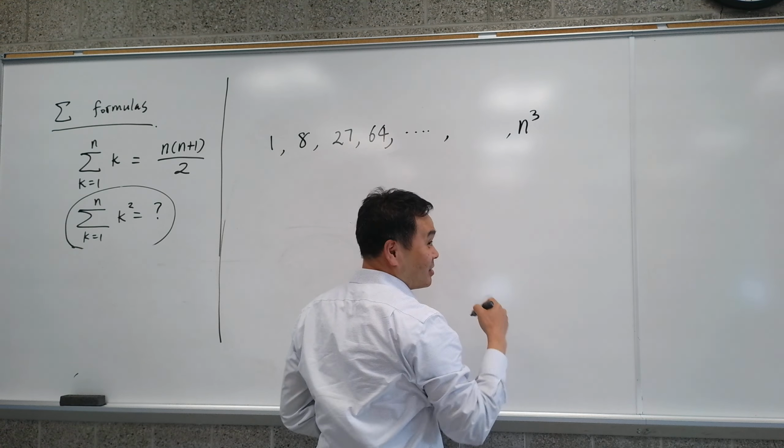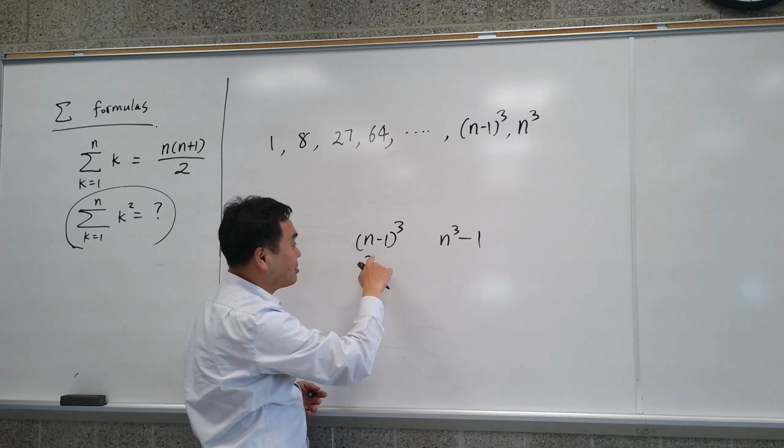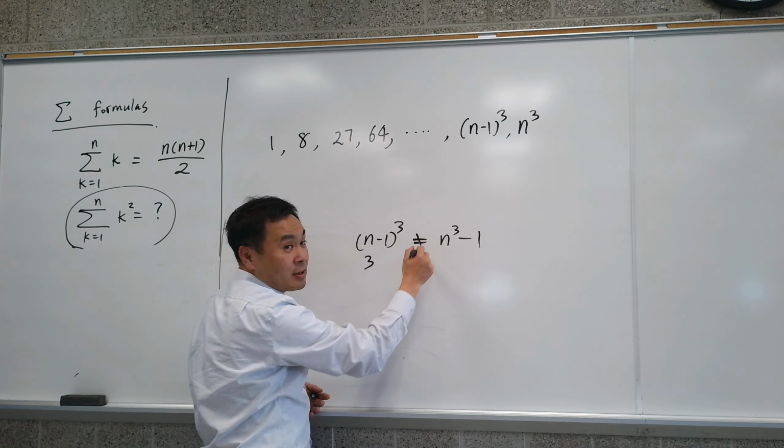That's different from n cubed minus 1, okay? See, n minus 1 cubed and n cubed minus 1, just plug in 3, for example. 3 minus 1 cubed would be 2 to the third, which is 8, whereas 3 cubed minus 1 would be 26. This will be 26 if n is 3, and this will be 8. So they're different, okay?